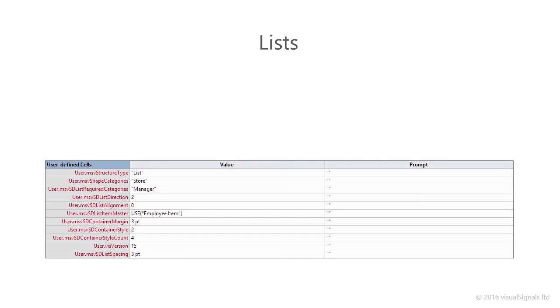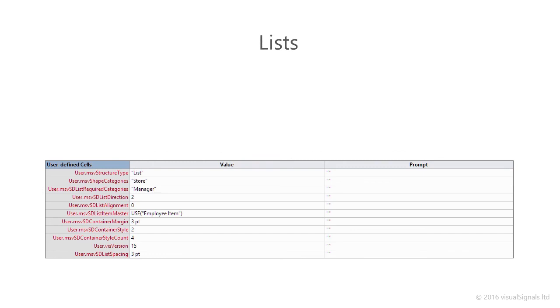So in this example, I've already set the shape category cell in each of the employee shapes to be either manager or staff. As you can see, this list has a requirement that only items with a shape category of manager will be allowed to be added to this list, and if I try and drop one of the staff shapes onto the list, Visio won't display any of the green outline UI or adopt it as a member shape.